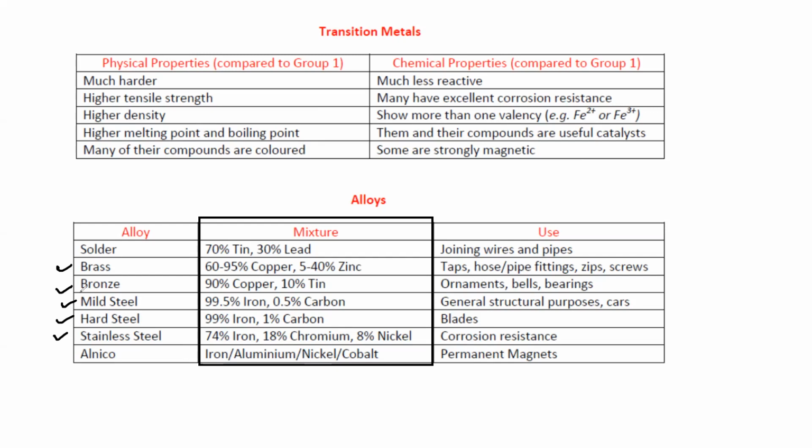Even the watches you will find are also stainless steel because it resists corrosion. So it resists corrosion, so it can be used for many purposes. Alnico is a mixture of iron, aluminium, nickel, and cobalt, which is used for making magnets. So these are just examples of different alloys and their uses.